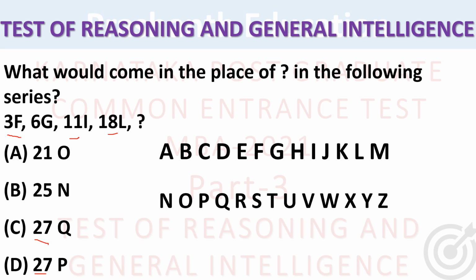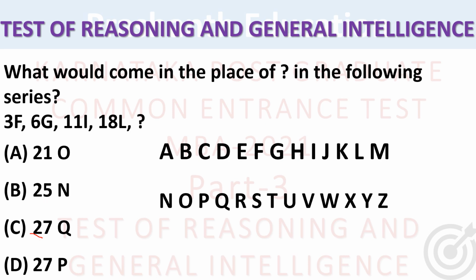If the alphabets were similar, I would have gone with numbers. But here the numbers are similar: 27, 27, 25, 21. Let's go with the alphabet first and see whether we can see any relationship between the alphabets.